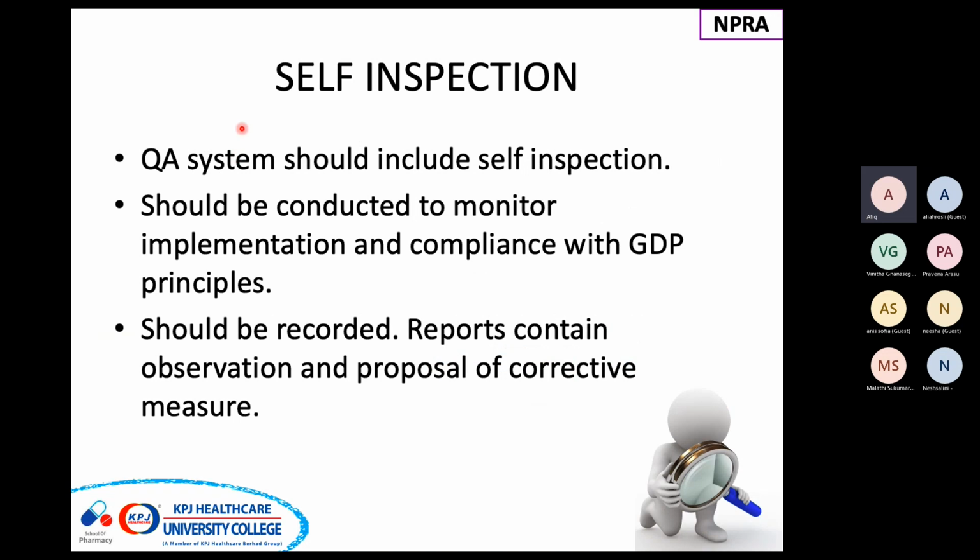Okay, next is self inspection, or more like internal audit. So the quality assurance system should include self-inspection. If you remember, in QA there is a part for self-inspection, and it should be conducted to monitor implementation and compliance with GDP principles, and this must be recorded.